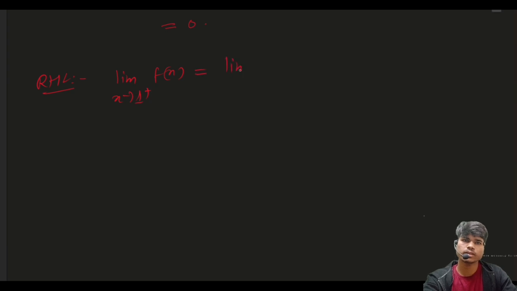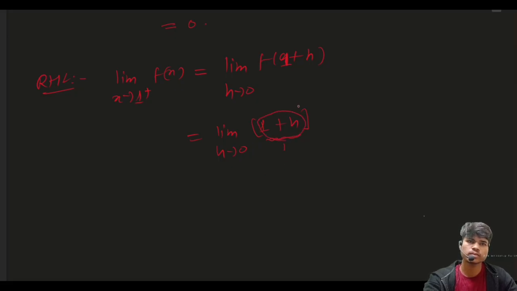We can write this like limit h tends to 0 f of 1 plus h. So we have limit h tends to 0 box 1 plus h. Here we are adding a very small number to 1. So this quantity will be like 1.00000 and so on 1, always less than 2.